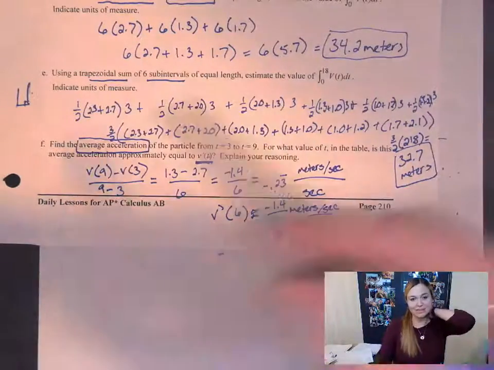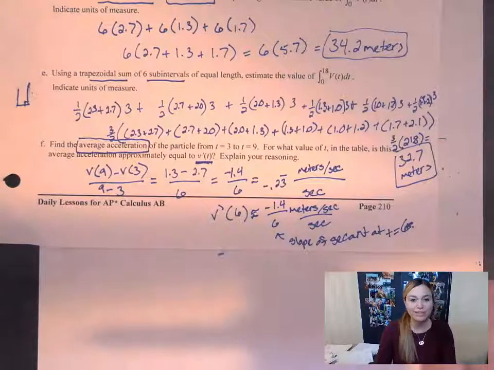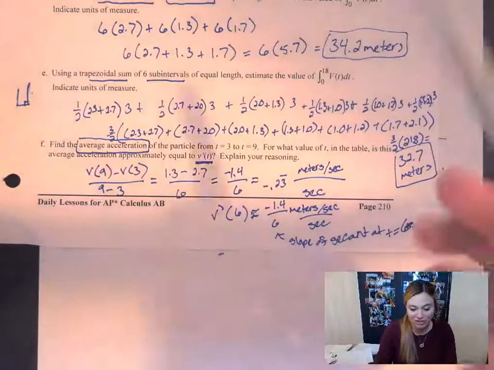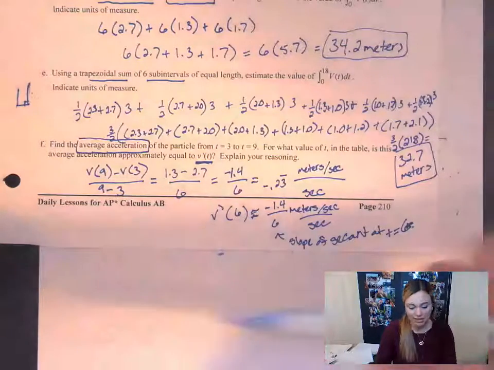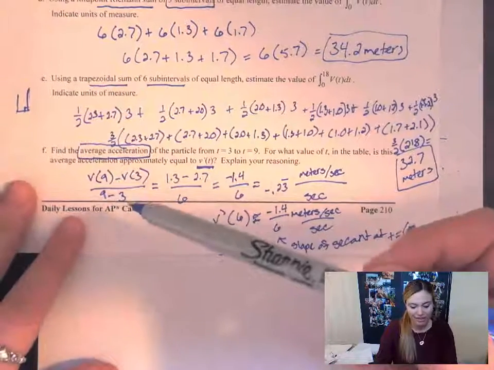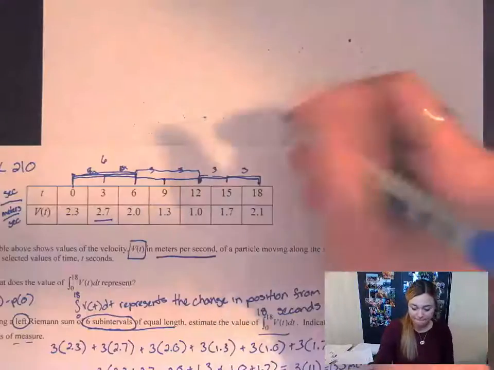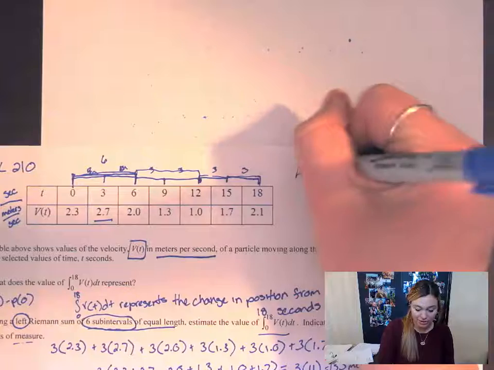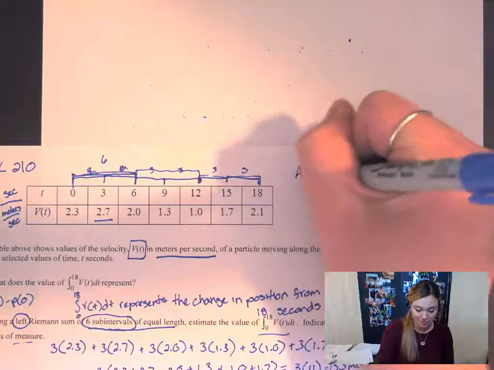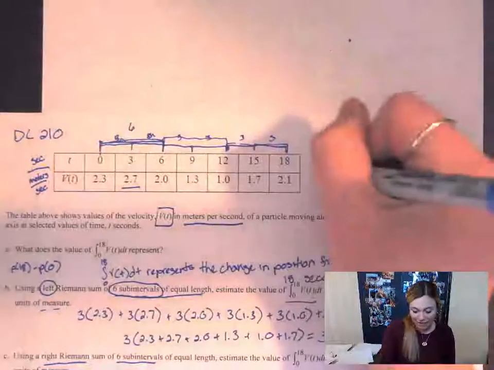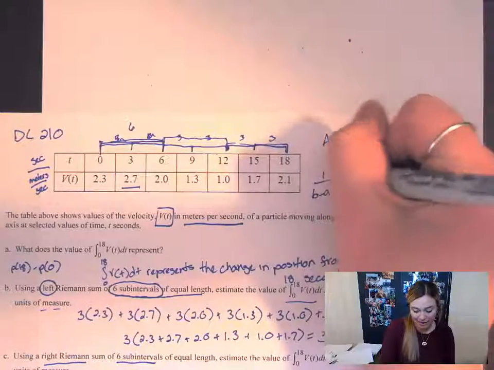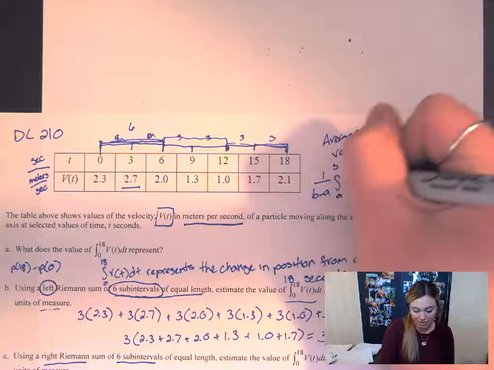The other thing is, you could have done this a really long time ago and actually understood this entire page. The only thing that's new from the last couple sections that you've learned is that if I wanted to find the average velocity, and all I'm given is velocity, do you remember how to do that? Average velocity would be 1 over b minus a of the integral from a to b of velocity.